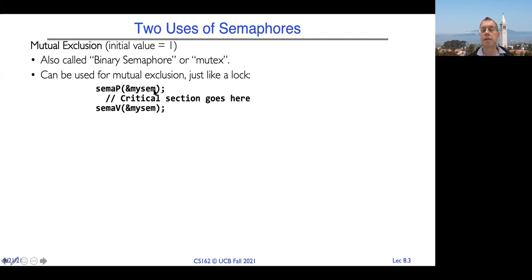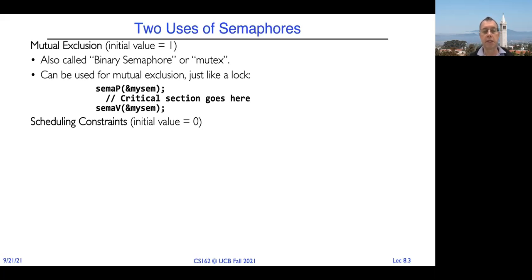So the first thread which executes the instruction P, the semaphore is 1, decrements it, and enters the critical section. If another thread comes and tries to execute the code, the semaphore now is 0, so it has to wait. When the first thread exits the critical section, it calls V, which increments the semaphore, and as a result we signal the thread which is waiting to enter the critical section. Right?